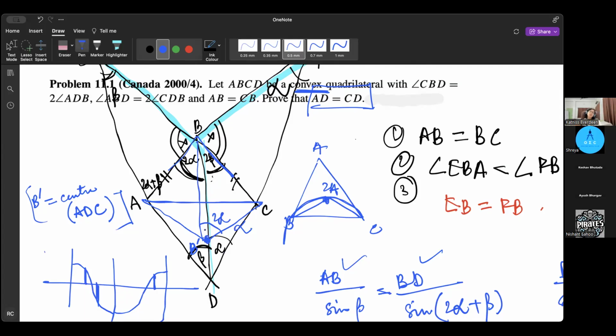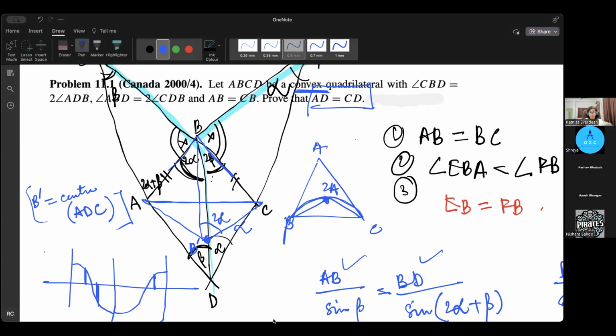If it lied on BD, it would be alpha, but we don't know that it lies on BD. Because if it lied on BD, then we would be directly making the claim that this is a kite. Do you see where that fails?